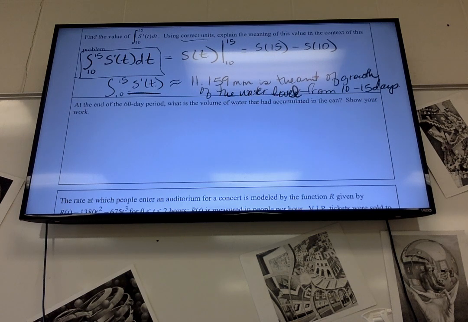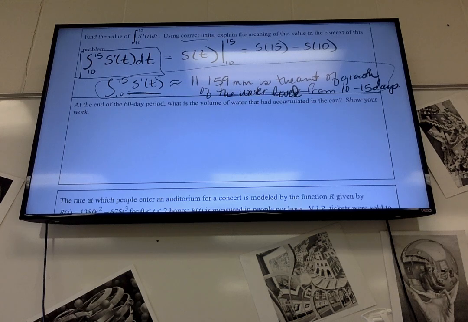At the end of the 60-day period, what is the volume of water that had accumulated in the can? Show your work. We have to know the height first, which is what we were figuring out.